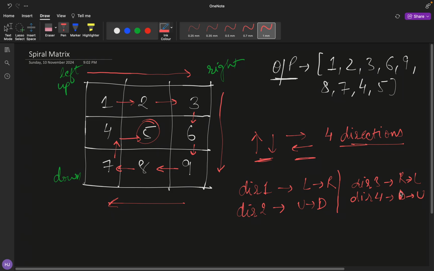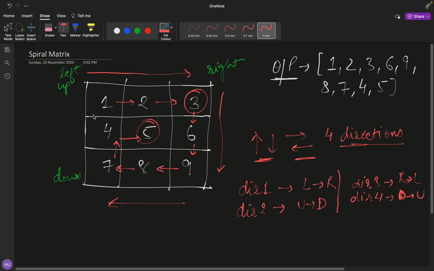While moving in all of these directions, we need to take note of one thing: whenever I traverse from left to right and reach my rightmost point, this is the last point that I will reach in direction number one.